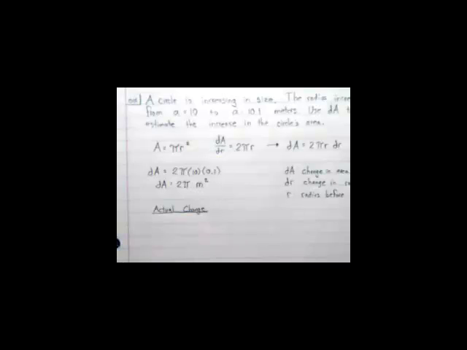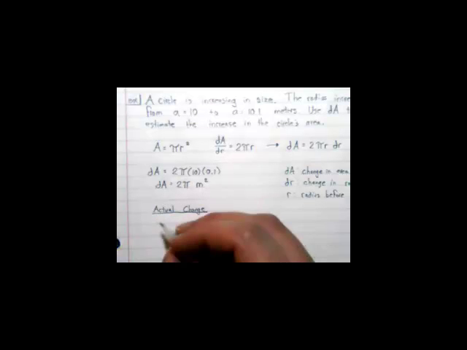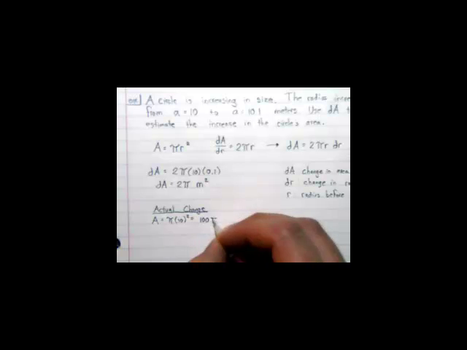So how do we figure out the actual change in area then, from a radius of 10 to 10.1? Okay, so the original area, pi times 10 squared, is 100 pi.